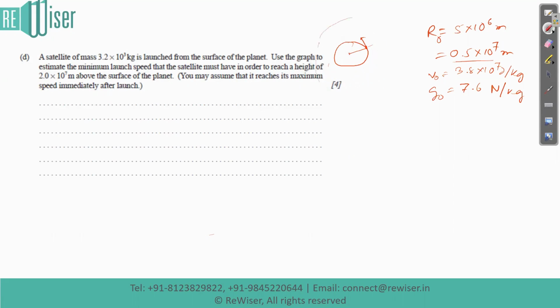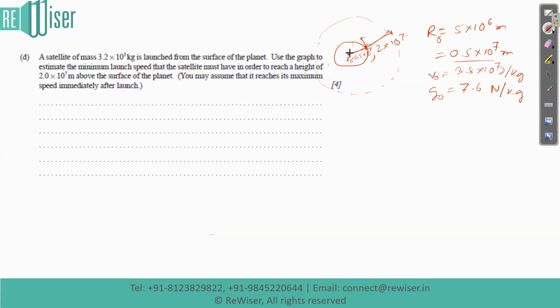It will be somewhat like this. From here to here is 2 into 10 to the power 7, and this radius, we know R0, is 0.5 into 10 to the power 7.